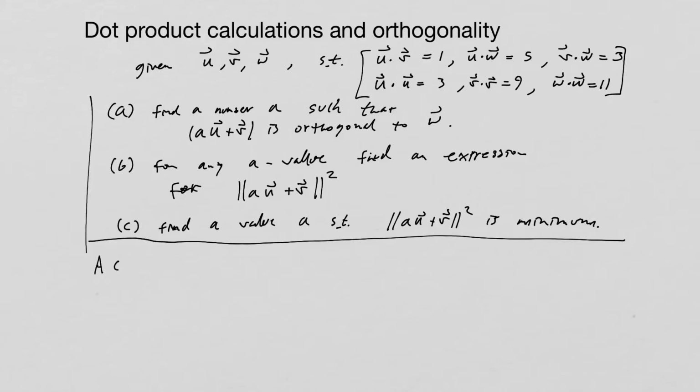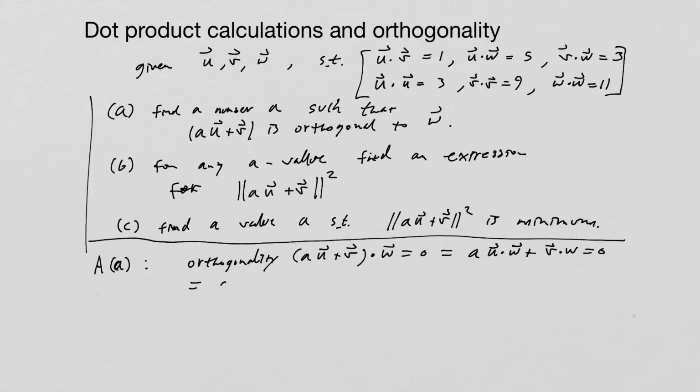Let's give an answer to A. Okay, so orthogonality means that A times U plus V dotted with W is equal to 0. So we're going to use linearity to write it as A times U dotted with W plus V dotted with W is equal to 0.